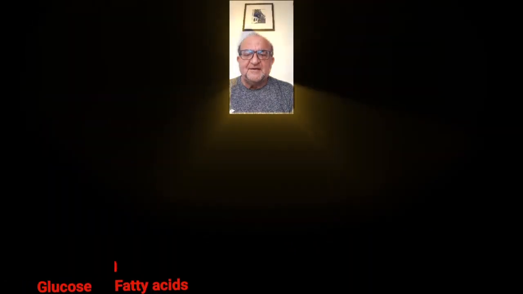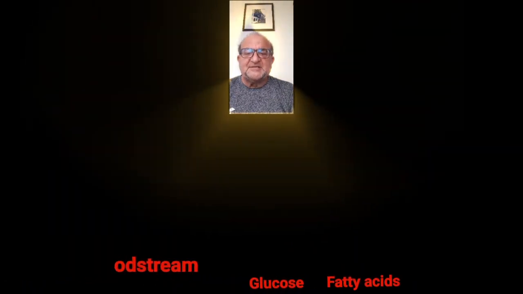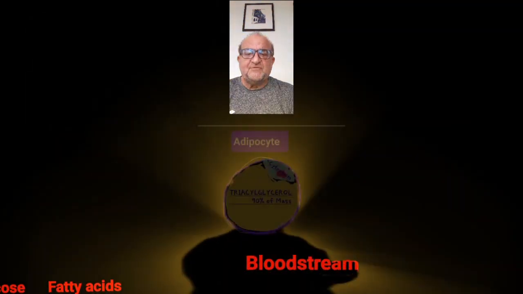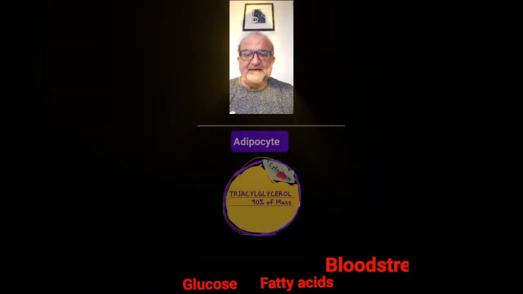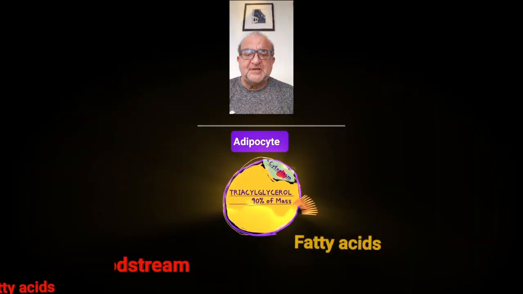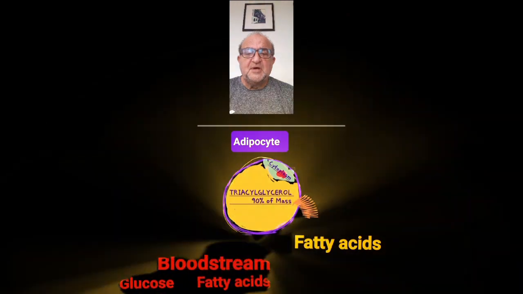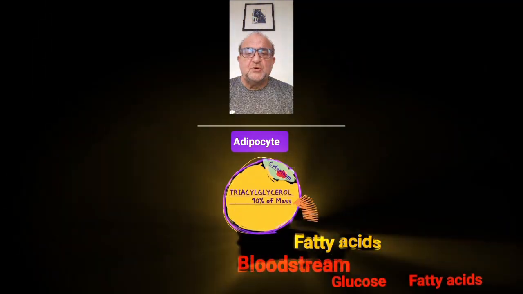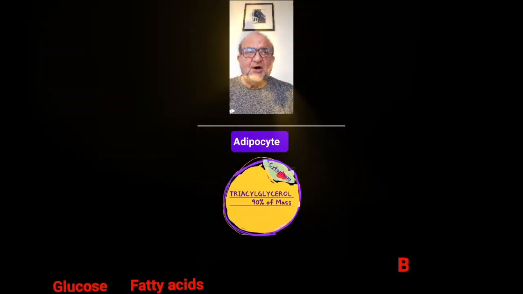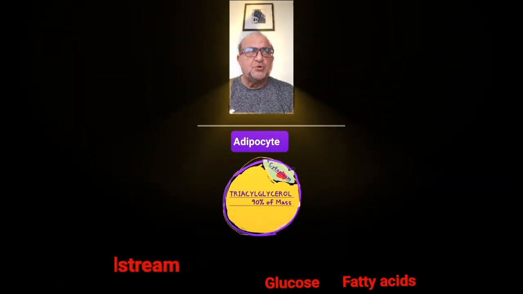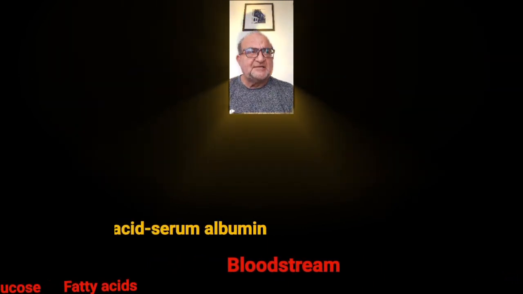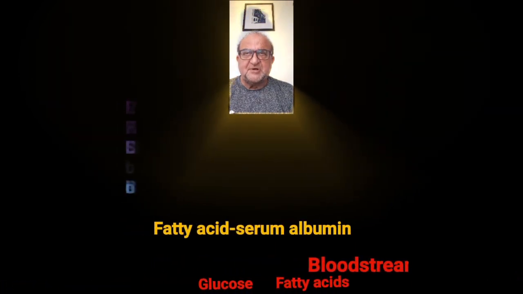During fasting, fatty acids released from adipose tissue by the actions of hormone-sensitive lipase will be released into the bloodstream and transported by binding to serum albumin, which allows many tissues to pick up the fatty acids and use them as an energy source.